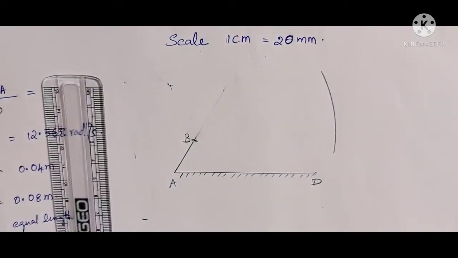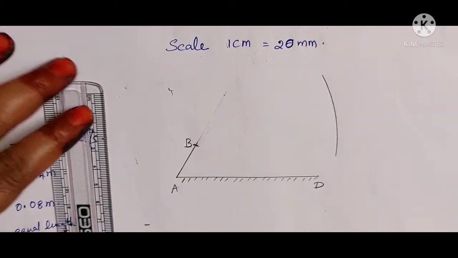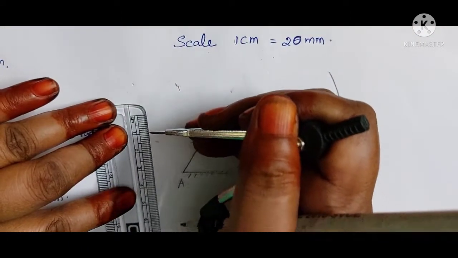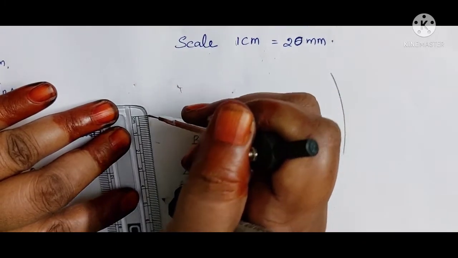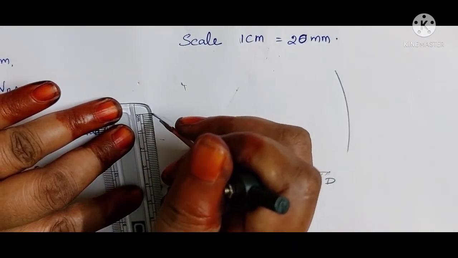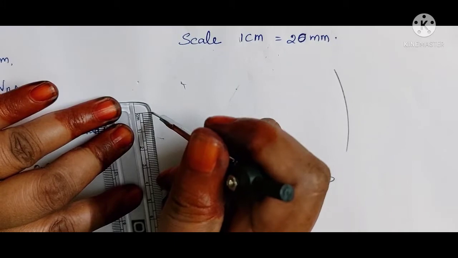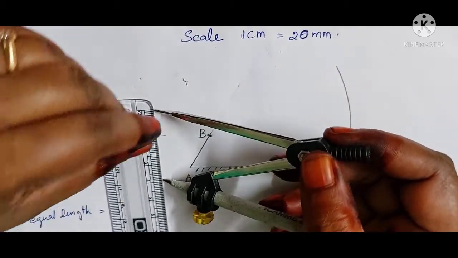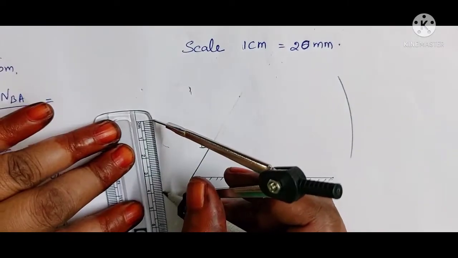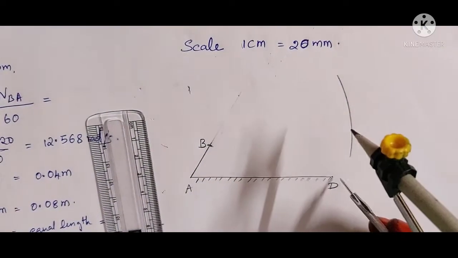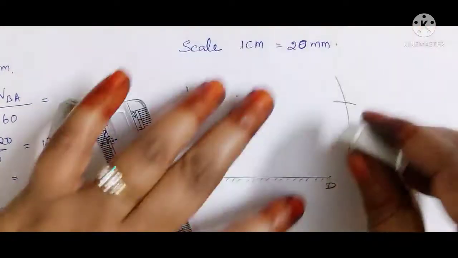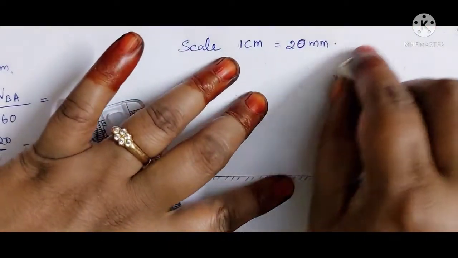Now CD has 80 mm, so 80 by 20 comes to 4 centimeters or 40 mm. You have to mark from D. This one is the point C.